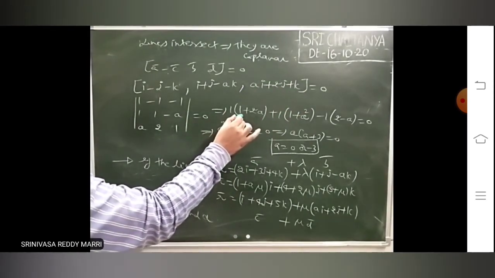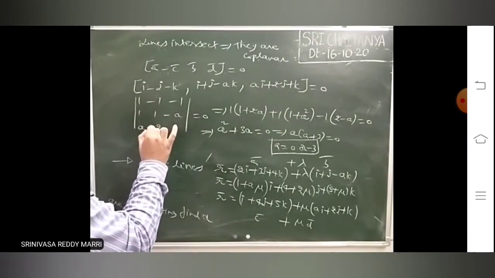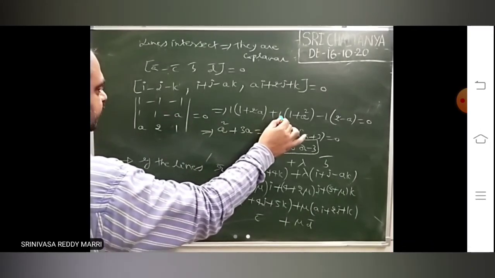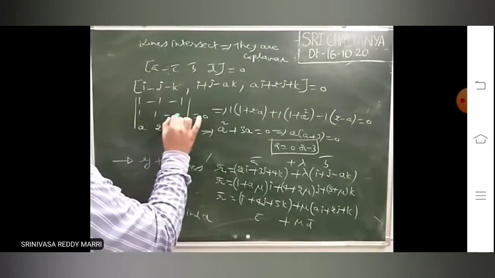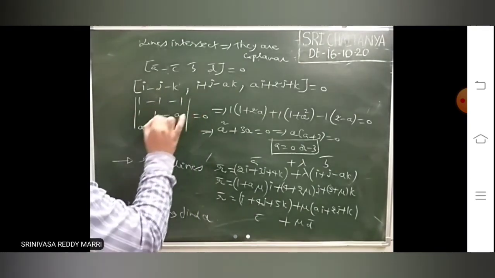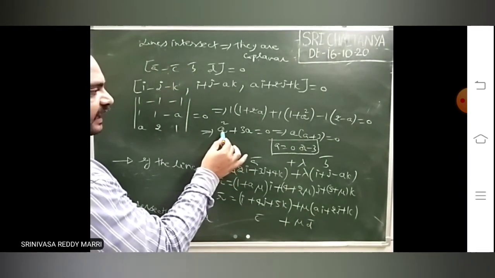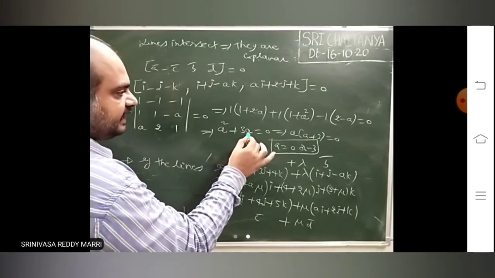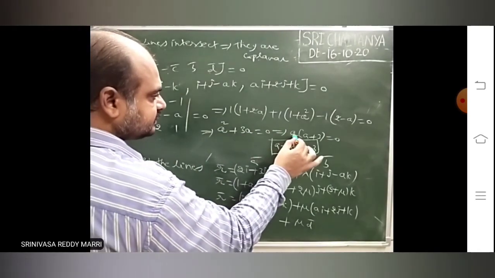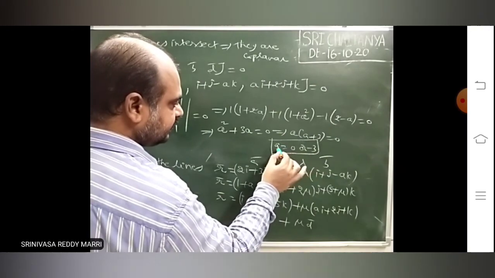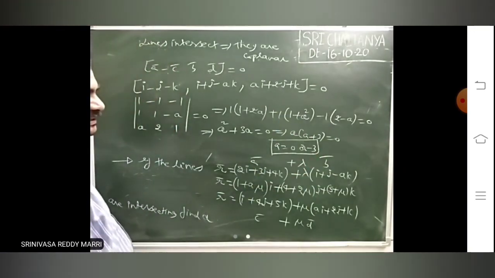Expand this determinant. So 1 into (1 plus 2a) plus 1 into (1 plus a square), minus 1 into (2 minus a) equal to 0. So you get a square plus 3a equal to 0, that means a into (a plus 3) equal to 0, you will get a equal to 0 or minus 3.